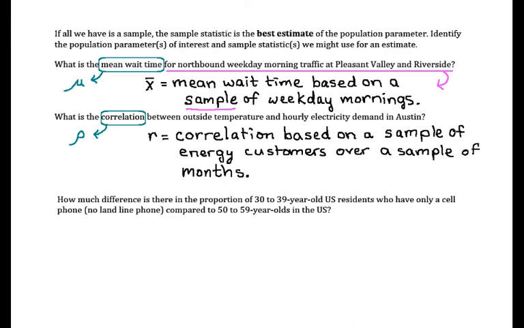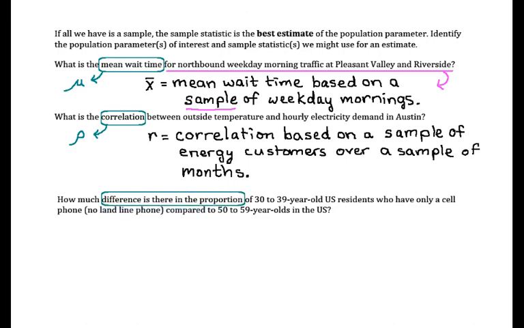Going into this final question, how much difference is there in the proportion of 30 to 39-year-olds versus 50 to 59-year-olds on not having a landline, right? So we're really looking at a difference in proportions here.